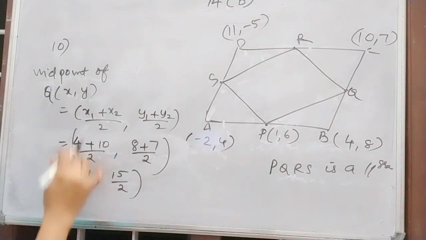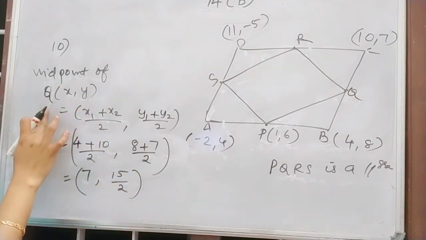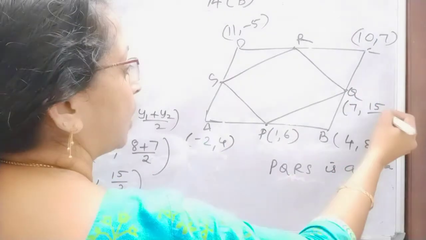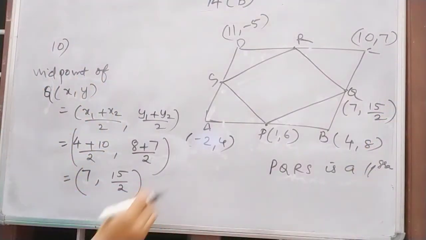So the midpoint of BC, we got it as Q, Q is equal to 7, 15 by 2.